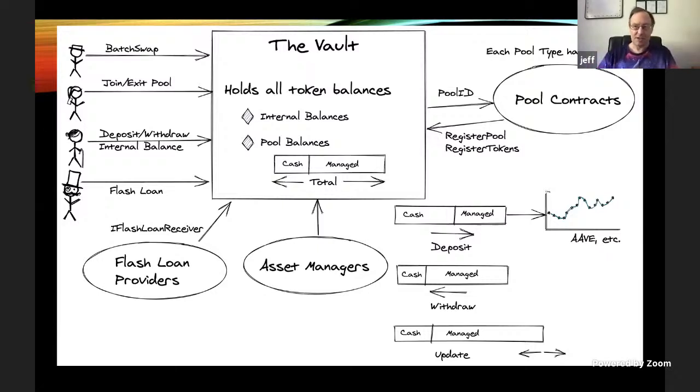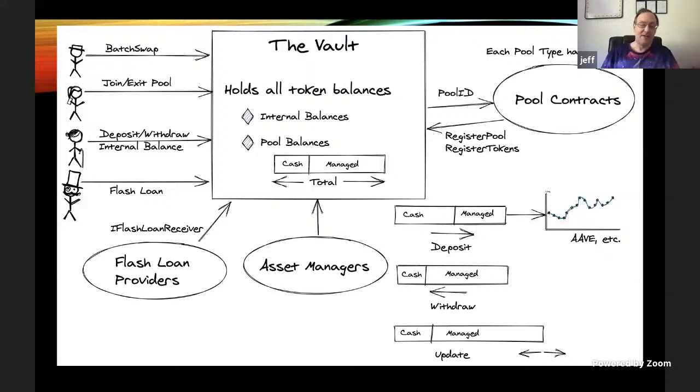So the pools are still deployed contracts, but the difference is they only hold the logic, right, not the tokens. They're represented in the vault as data structures, and their balances, you see here, are represented in a way that natively allows for capital efficiency.